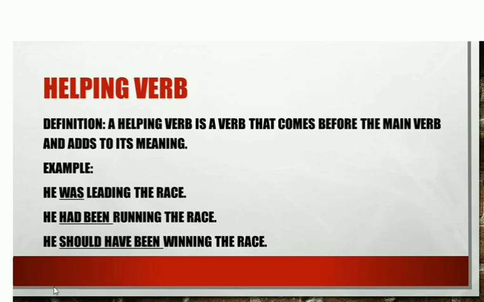Second sentence: he had been running the race. Running is the main verb, had been is the helping verb. He should have been winning the race. Winning is the main verb, should have been is your helping verb.